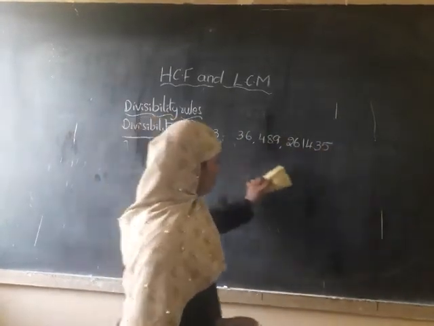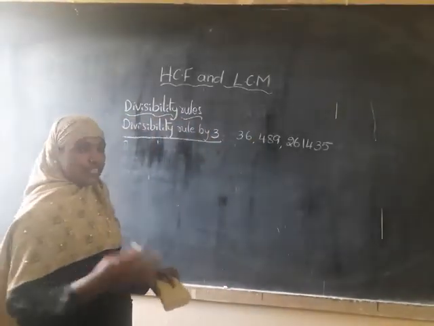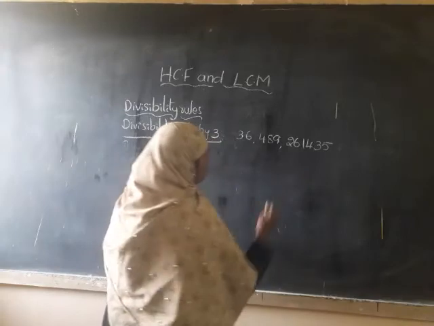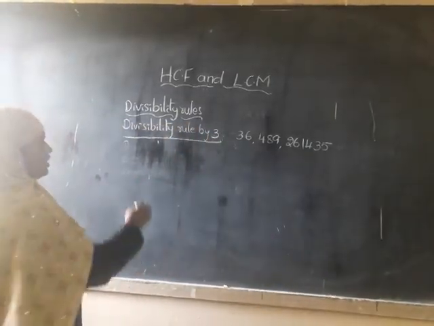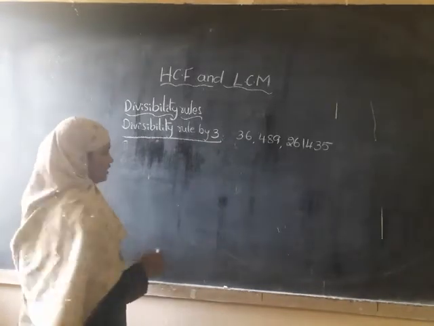Divisibility rule is nothing but, without performing the actual division, you can say whether these numbers are divisible by a given number or not. So here, divisibility rule by 3. What is the divisibility rule by 3?